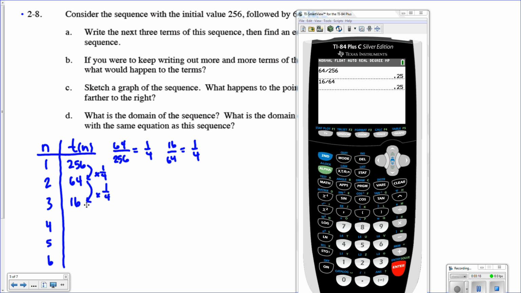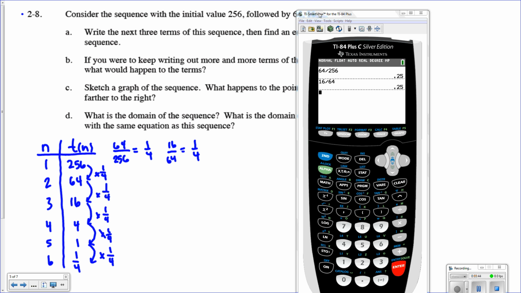So 16 times 1/4 gives us 4. 4 times 1/4 again gives us 1. And then 1 times 1/4 gives us 1/4.